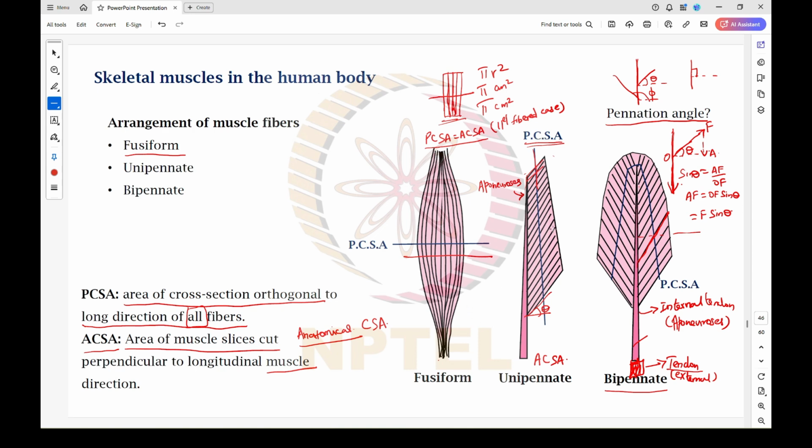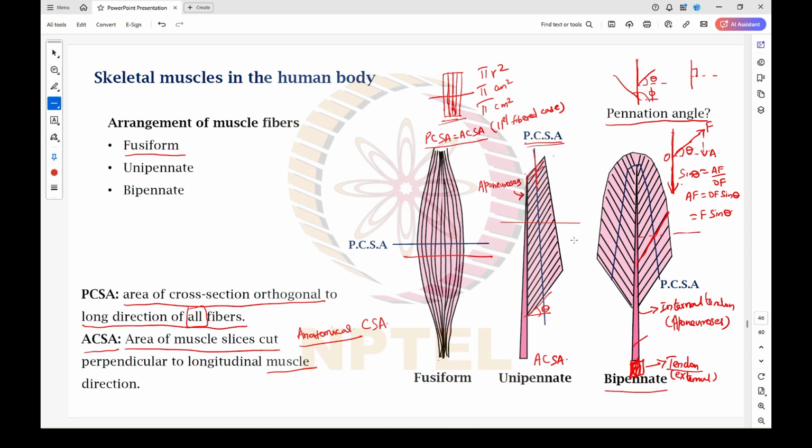However, the anatomical cross-section area will be this, because it's perpendicular to the muscle direction. It's not muscle fibers but muscle direction in general. So the anatomical cross section area would be this. So in this case, the physiological is not equal to the anatomical cross section area.